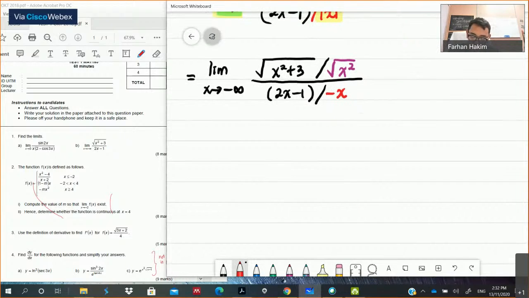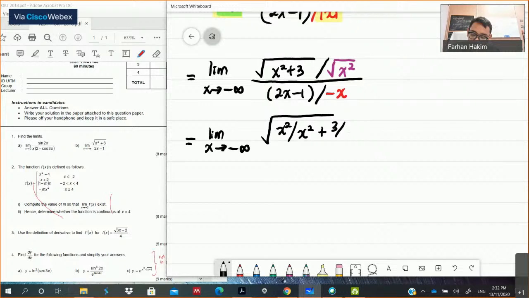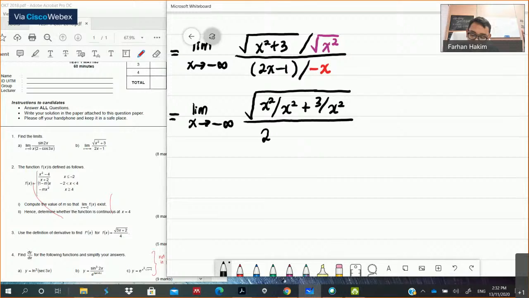Okay, so we have to simplify this. The limit as x approaching negative infinity of the square root of x squared over x squared plus 3 over x squared. Everything will be divided by negative x, so we have 2x divided by negative x minus 1 divided by negative x.